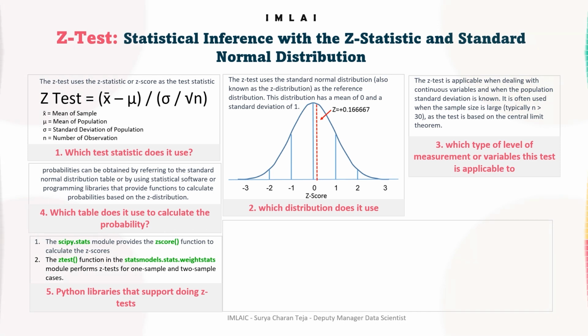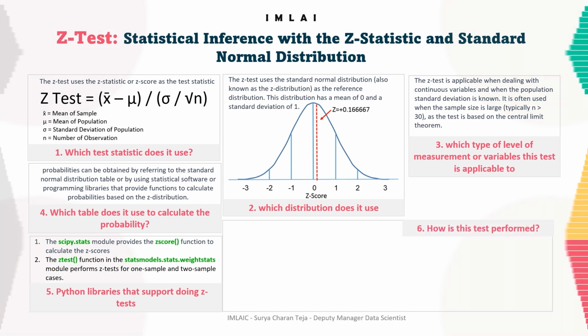So the final question is, how is this test performed? Very important. How is this test performed in totality? Because we have seen all dependencies, what the z test is, and the surrounding ecosystem, so now you know everything about this. How is the z test performed?